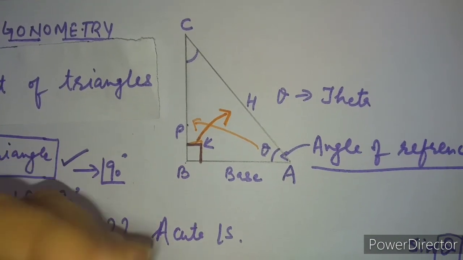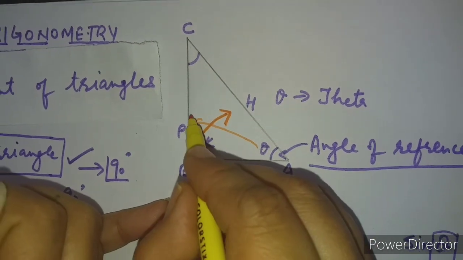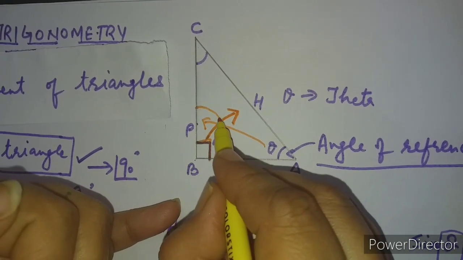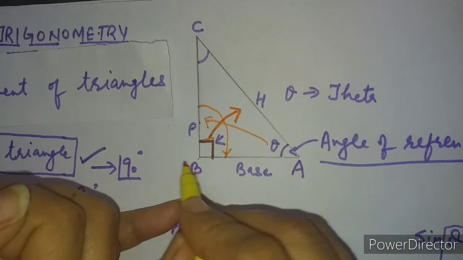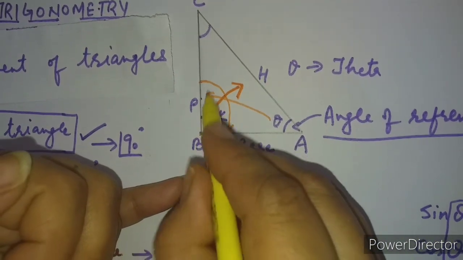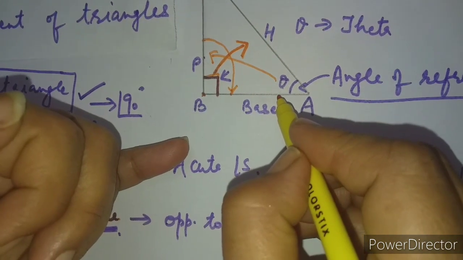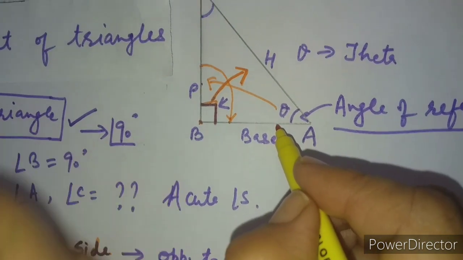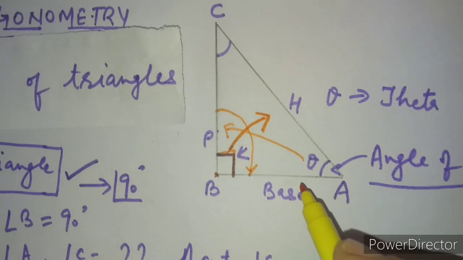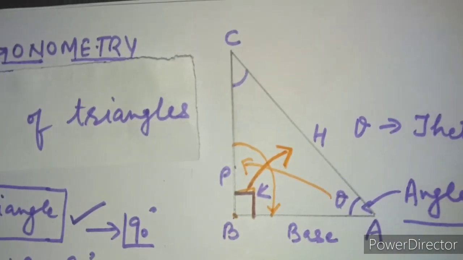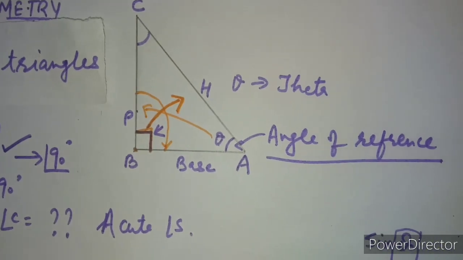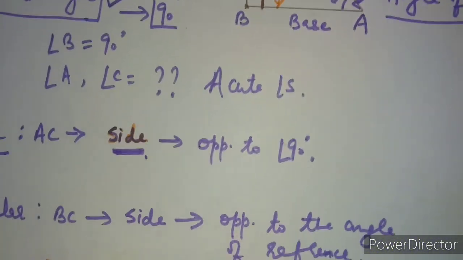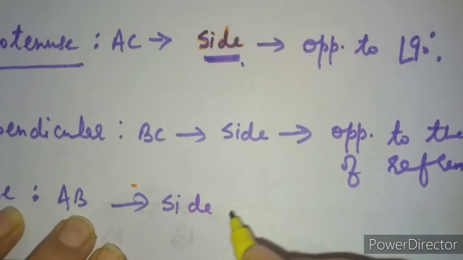So the definition of base is the side which is the neighboring side of the perpendicular only. Why neighboring? Because this is their common point. This point they are sharing. Whenever you talk about opposite sides, they don't have anything common. Clear to all?